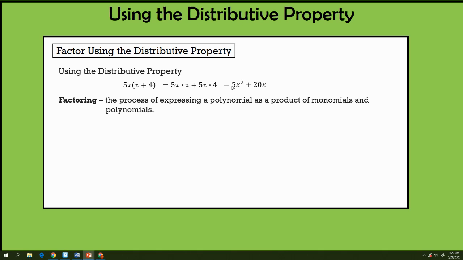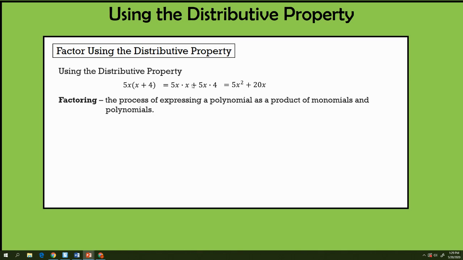Okay, what we're going to do today is factor. So factoring is basically, I'm going to give you this, and you're going to work this process backwards to give me this. Okay, so it's the process, factoring that is, of expressing a polynomial as a product of monomials and polynomials. So just to show you again, here's a polynomial.